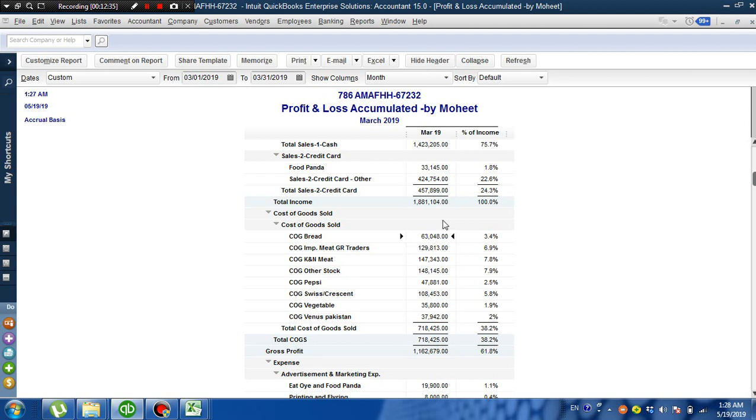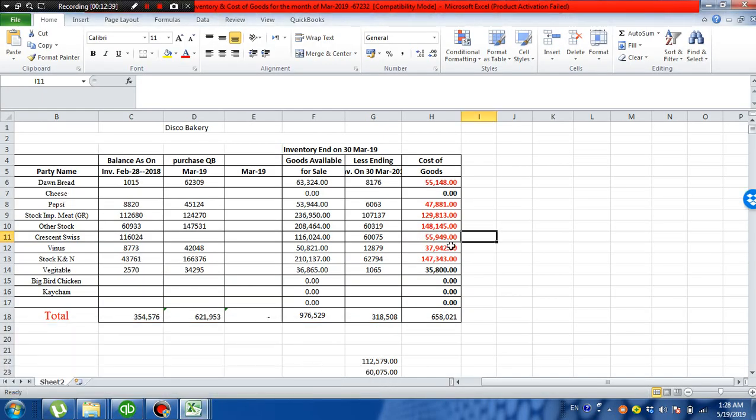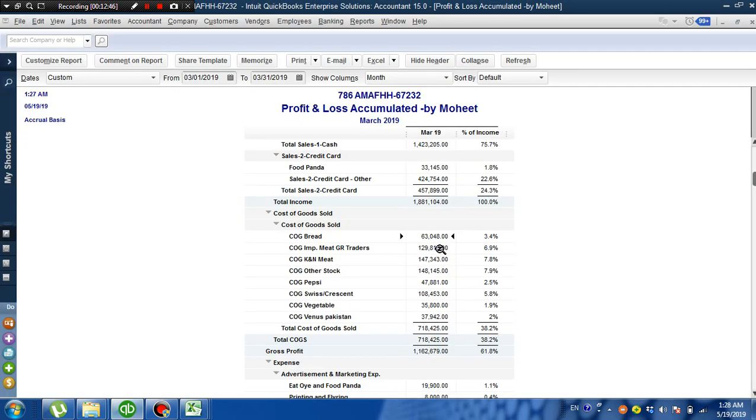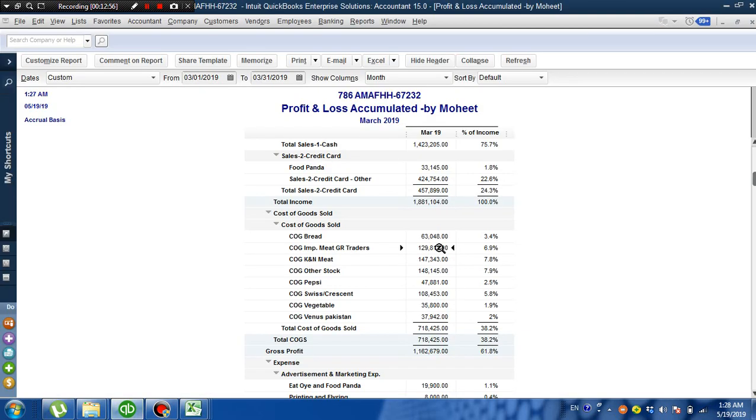63048. Look at this, and if you see here, you will find this 55 and 47. Which one is matching? 129 is GR meat, 129,833, and look at this, 129,813.